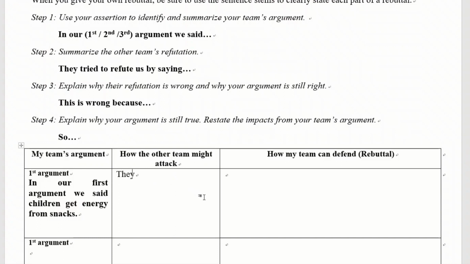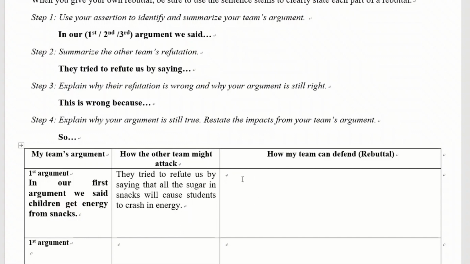So, they try to refute us by saying that all the sugar in snacks will cause students to crash in energy.